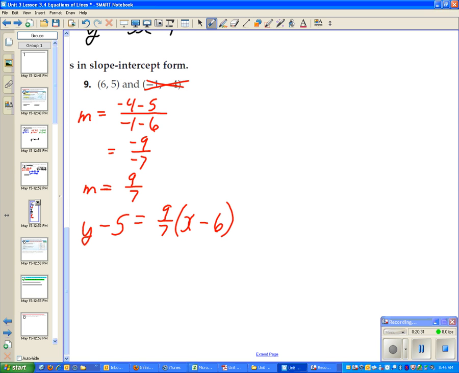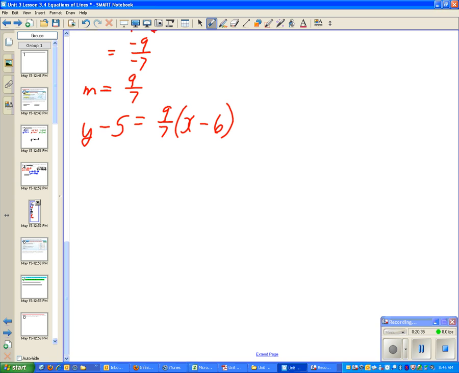6. So we've got an equation. It's not in the form that our final answer is supposed to be in, but we've got a linear equation. All right, we simplify, then we solve it for y. So on the right side, we got to use the distributive property. So 9/7 times x is 9/7 x. 9/7 times a negative 6, well, positive times negative, it'll be negative. And then look, don't panic.